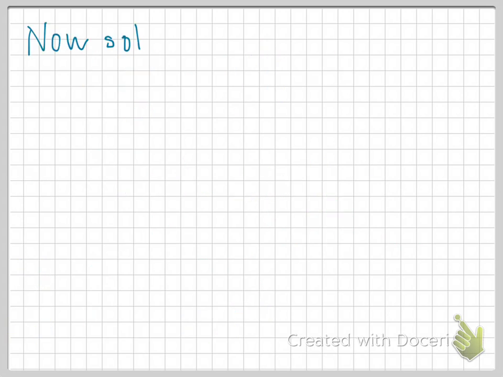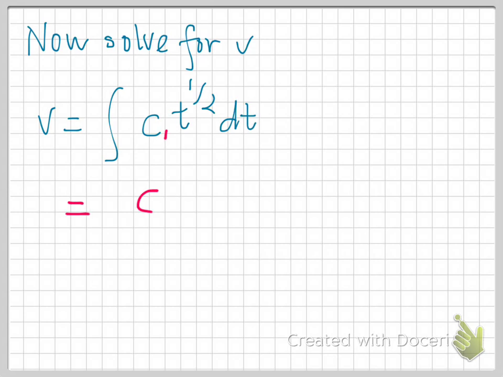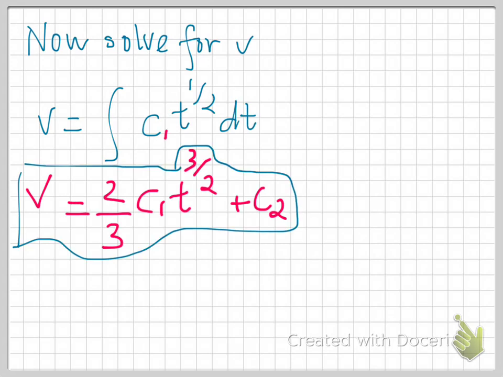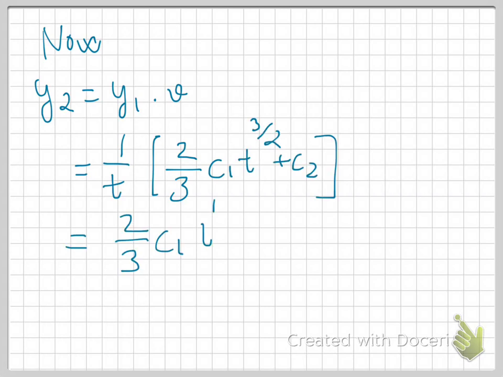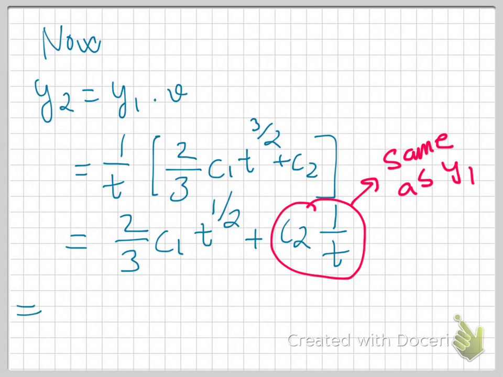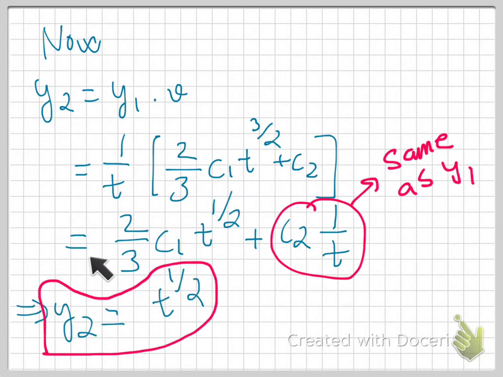Once you have w, you can solve for v by integrating w with respect to t. The result for v should be (2/3) C1 t^(3/2) + C2. Once you have v, the next step is to multiply v by y1 to get y2. So y2 = (2/3) C1 t^(1/2) + C2 times 1/t. But you can see that C2 times 1/t is the same as y1, so we ignore it because it repeats the same solution y1.